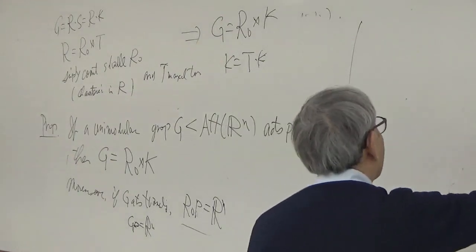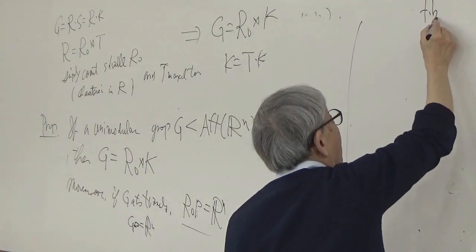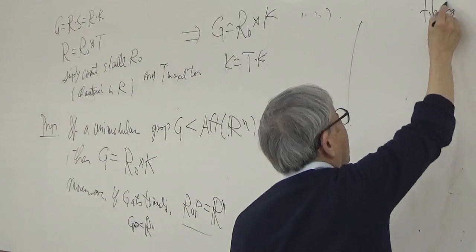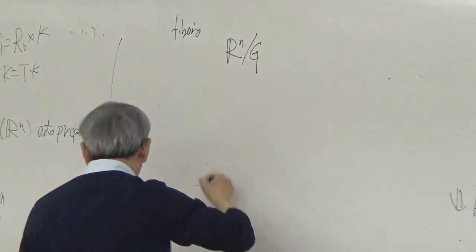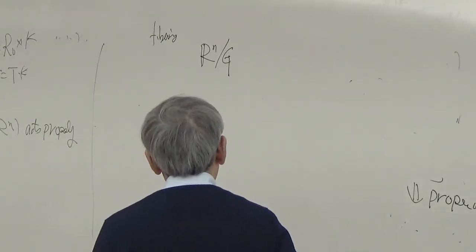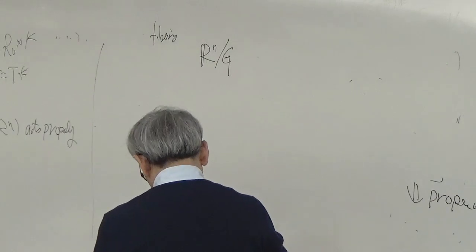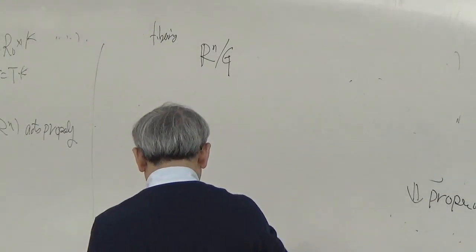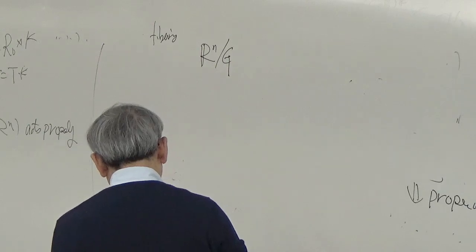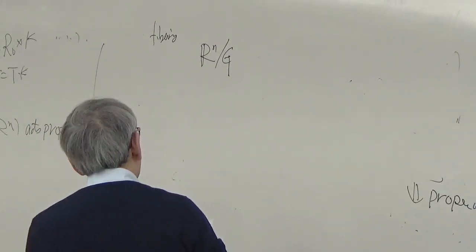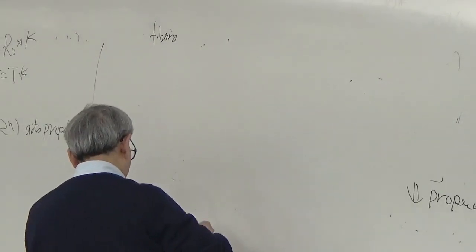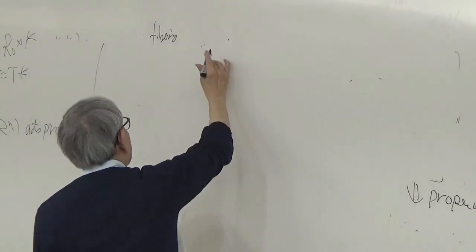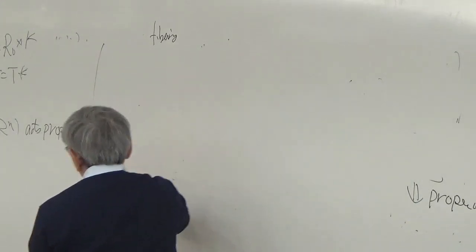So let's consider the fibration. R^n acted on by G. I haven't mentioned so far what unimodular means.